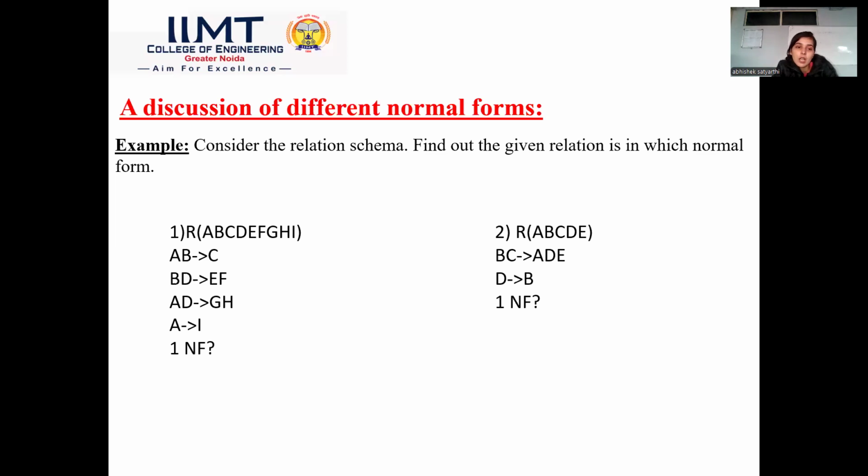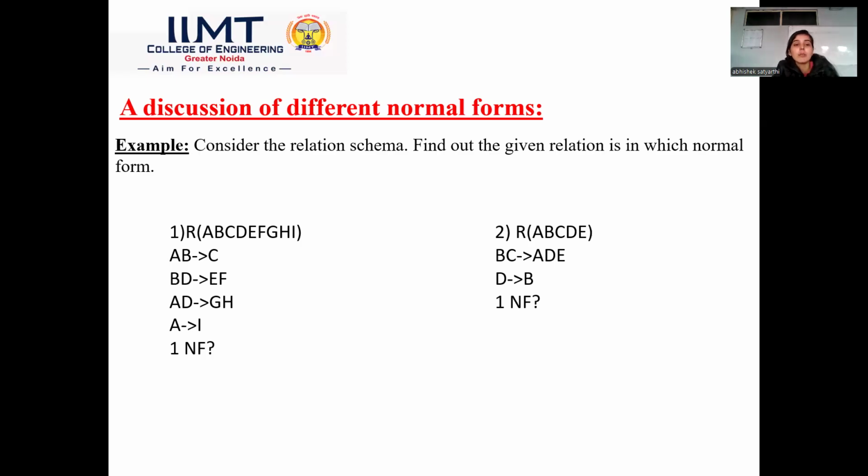So BCNF fails. The 3NF says that either there should be a key on the left hand side, or the right hand side should be a prime attribute. So 3NF fails. Then for 2NF, there is a partial dependency, since if AB is a key, a subset of the key, which is A, derives a non-prime attribute.